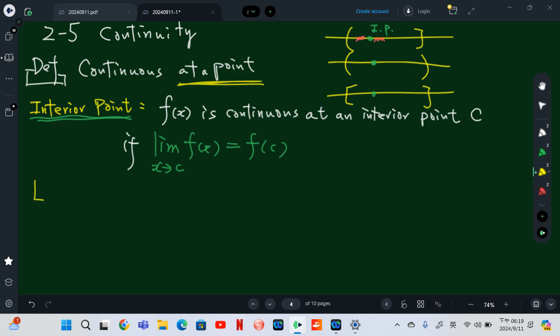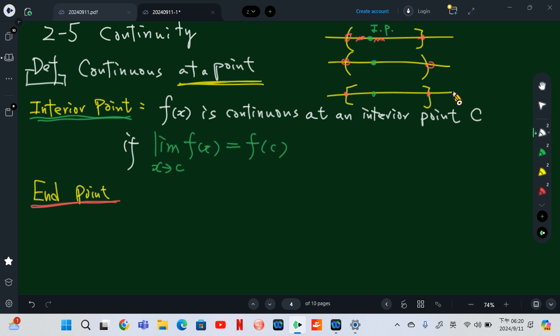And for the endpoint, what's the endpoint? Endpoint means here. This is a closed interval. This is an open interval. This is a semi-closed interval, right? So for these points, this is an endpoint.